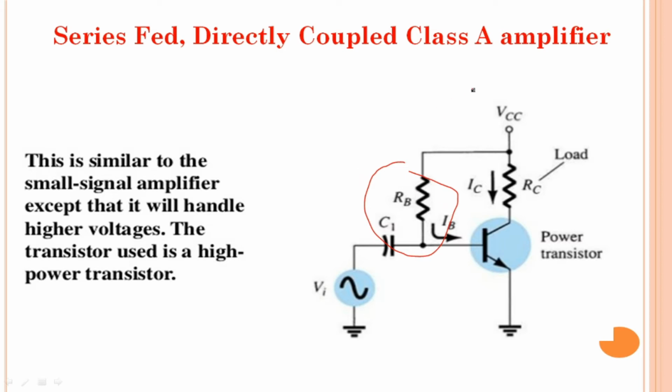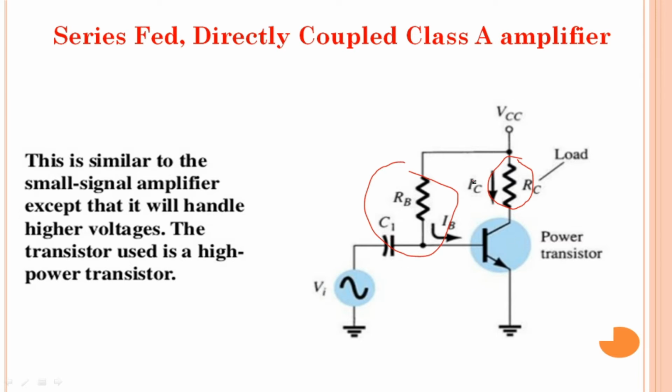This is the class A amplifier. Again, it is called a directly coupled amplifier, since we are not using any coupling device; the load is directly coupled here. So it is called a directly coupled class A amplifier.